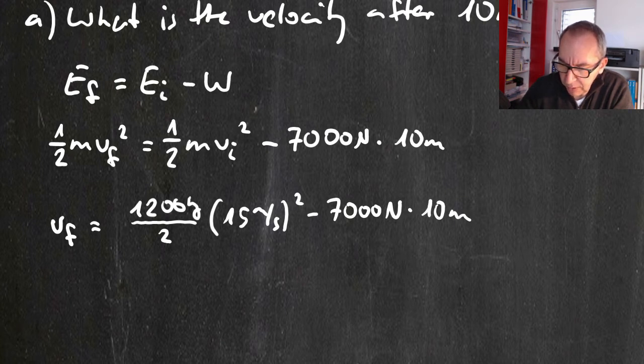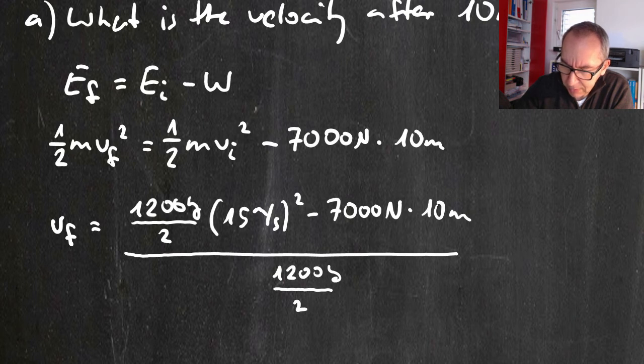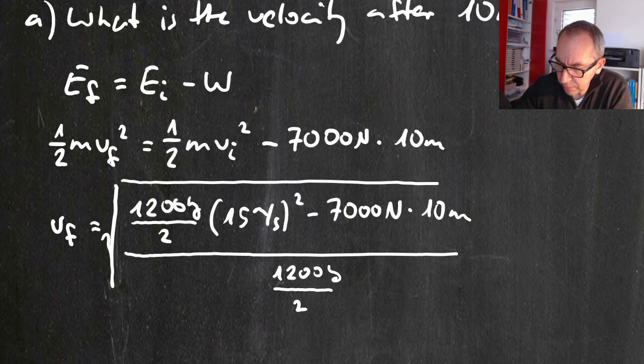And then we have to divide that by m/2, so 1,200 kilograms divided by 2, and then take the square root out of it.